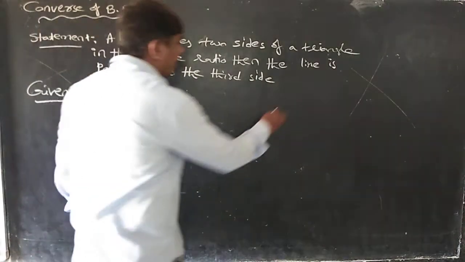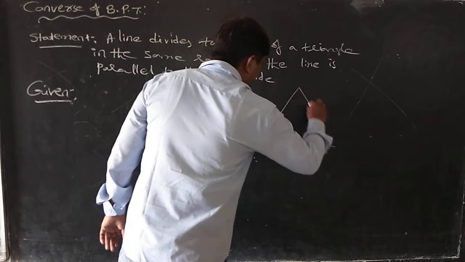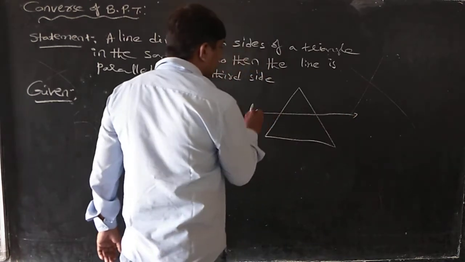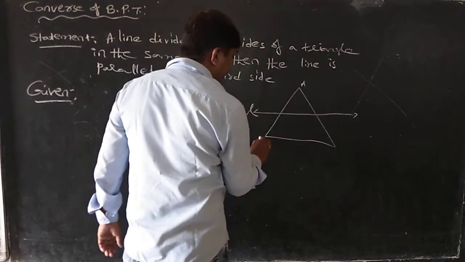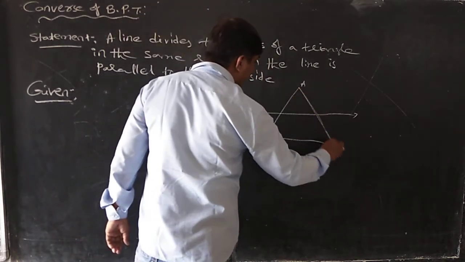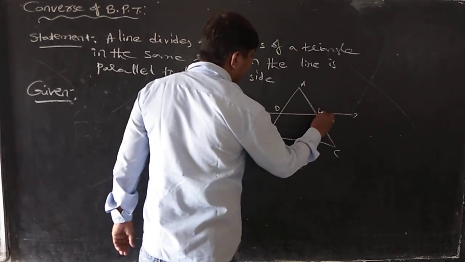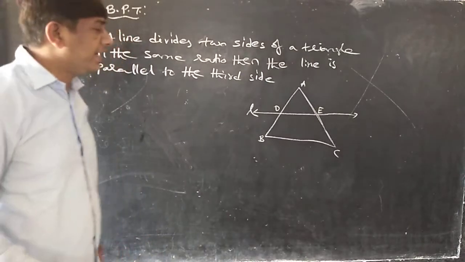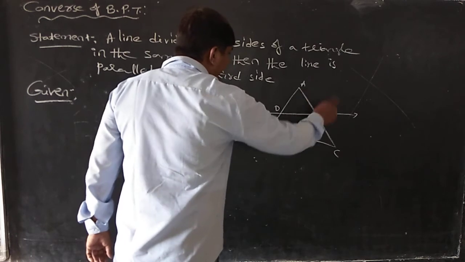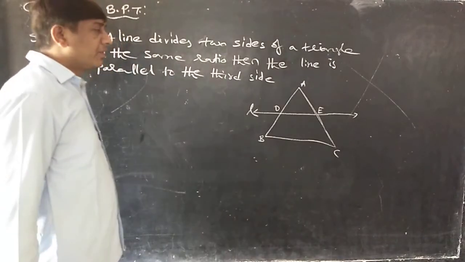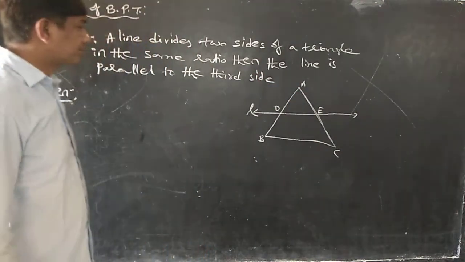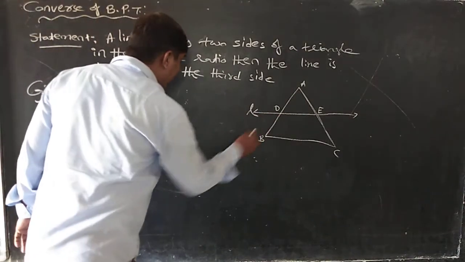As per this statement, ABC is a triangle, and L is a line which divides the two sides AB and AC at D and E in the same ratio, which means AD by DB is equal to AE by EC.